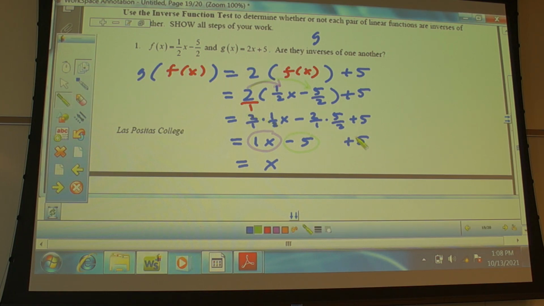And these guys will cancel out, these guys will cancel out. Can you see that green part when I cancel it out? It's darker on my screen than it is on yours.